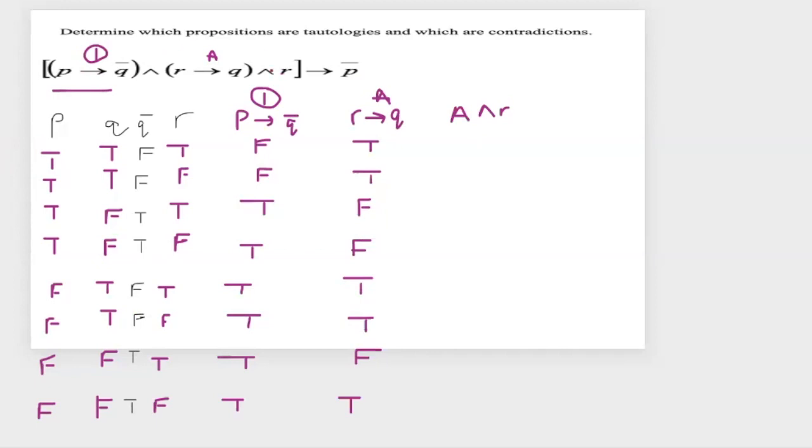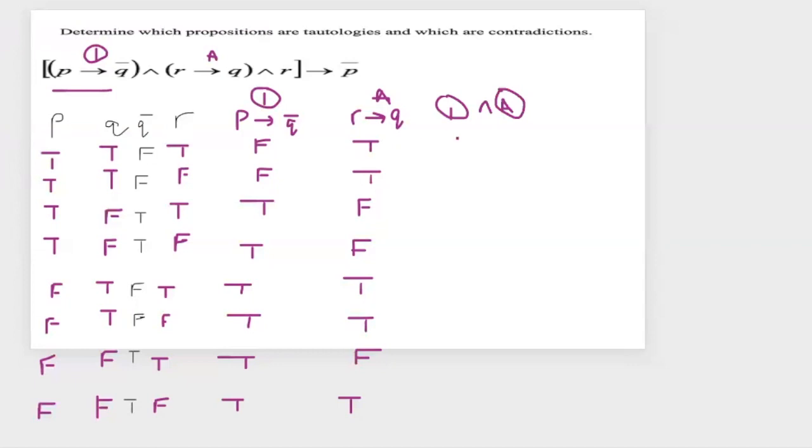Or you could have done 1 and A. The order doesn't matter. Let's do 1 and A. So with 1 and A, which is these two, we know that 2 true is a true. Anything else gives you a false.